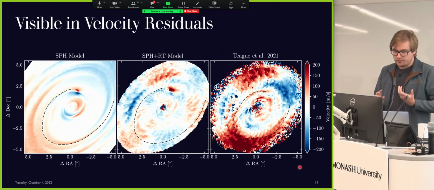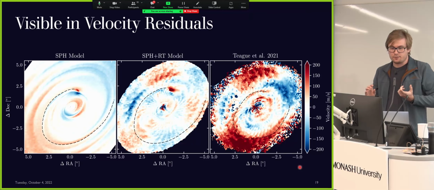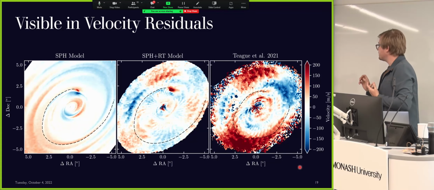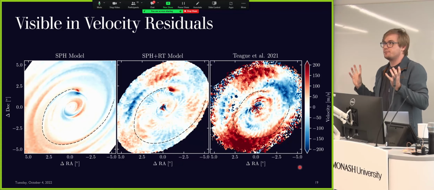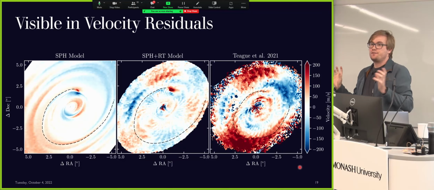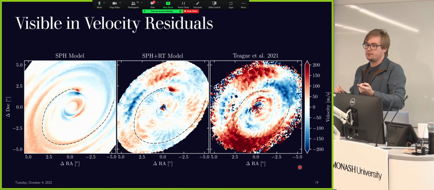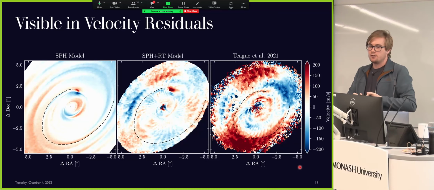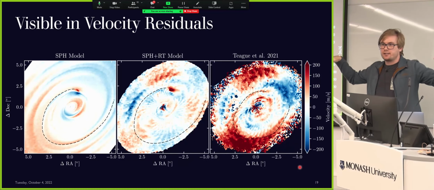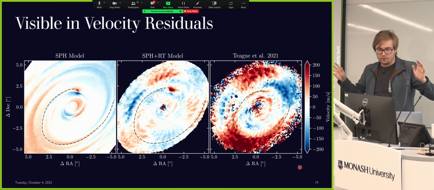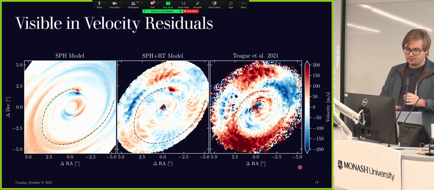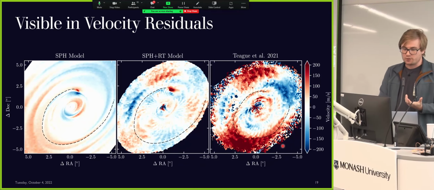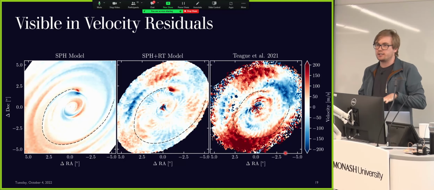Another way that you can try and look for the kink is to take the velocity map of the velocity field. You can fit that velocity field by asking: what's the stellar mass, the mass of the object in the center, what's the emitting layer that the CO emission is coming from, what's the inclination of the disk, etc. And you can fit a model and then subtract that model and get the residuals.